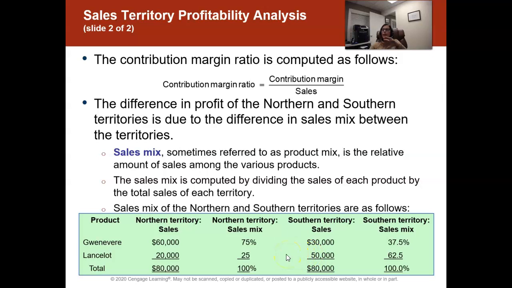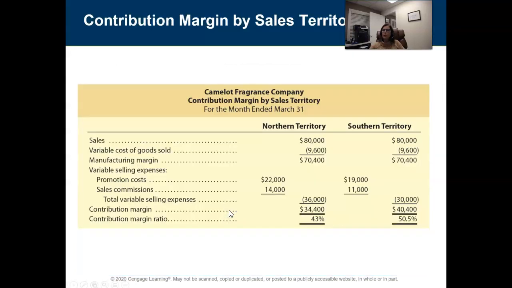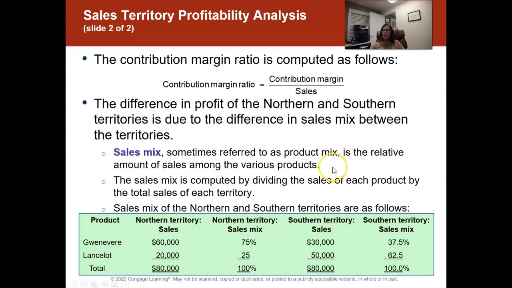So it's based on that product mix that yields the different results that we saw on the last slide. Again, they're selling entirely the same amount dollar-wise between the two territories. They're just not selling exactly the same number of each of these different products.